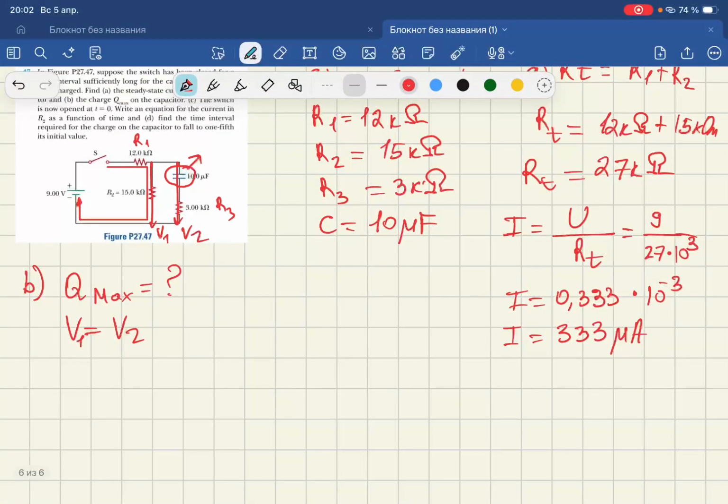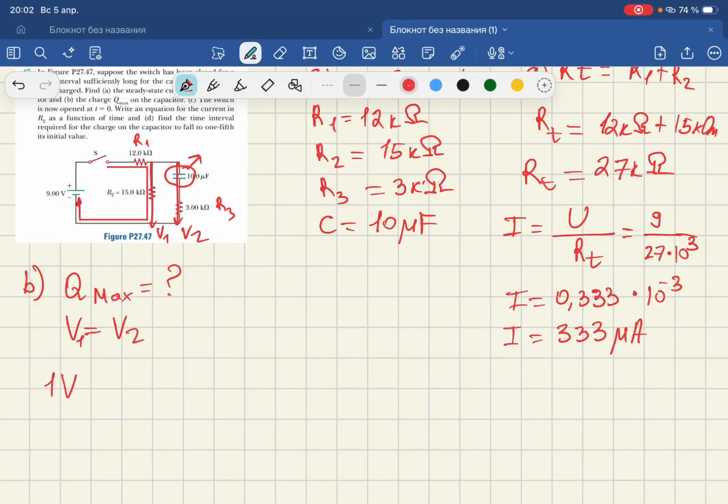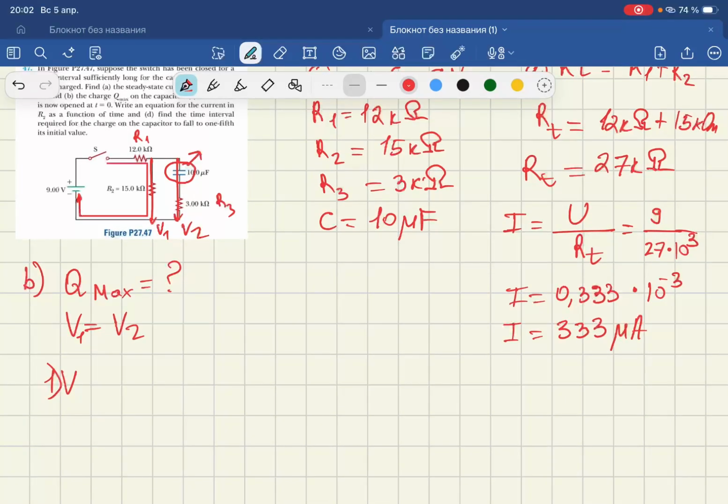Because when we connect the resistors in parallel, we can take the voltages as equal. In that case, we can find the voltages by this formula. The voltage of the first loop equals the current multiplied by R2.